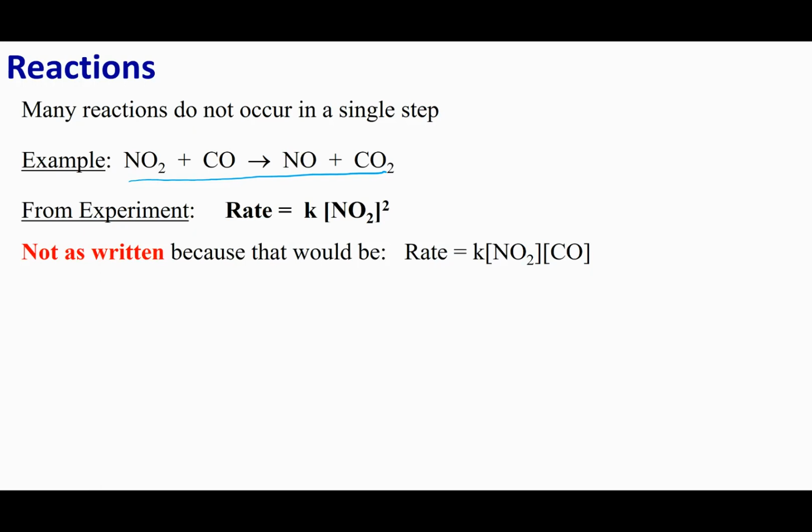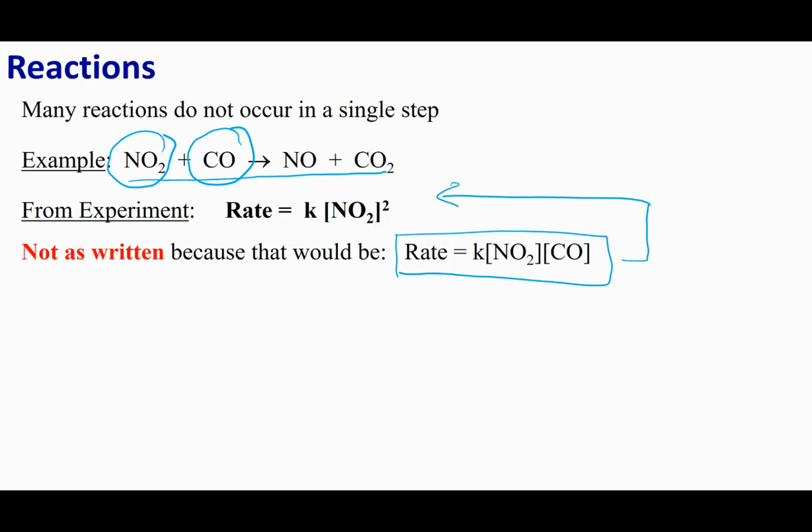If that's the case, what I'm saying is that an NO2 is going to combine with one CO. So each one of these are going to collide, and if this were the case, the rate would equal k times the concentration of NO2 times the concentration of CO. Now, if I go ahead and do the experiment, and the experiment doesn't match that rate law, then I know this has to occur in more than a single step.